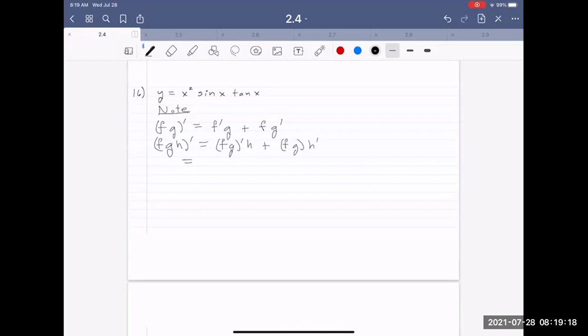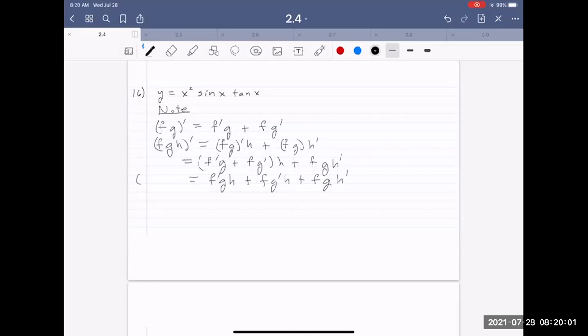Well, for fg, the product of f and g, by Leibniz rule again, the derivative is the first times the second plus the first times the second. Plus this last term, I can get rid of the parentheses and multiply h inside. Of course, this idea will continue if you had more than three terms.